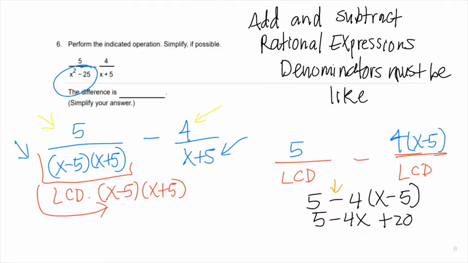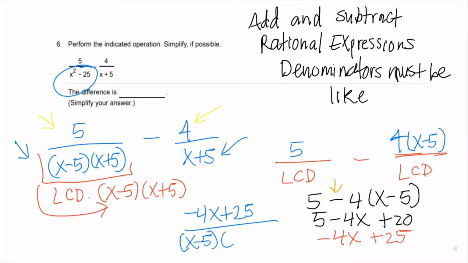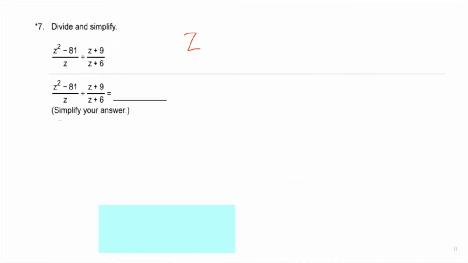Anything that's like: negative 4x plus 25. Now I can write the LCD out now. And this is a division problem.